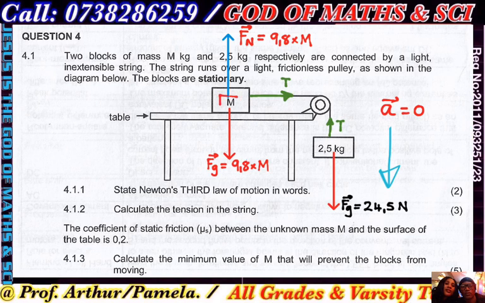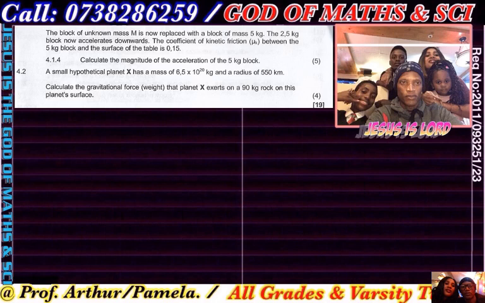Call this one 5 kilograms. And then they say the 2,5 kilogram block now accelerates downwards. The coefficient of kinetic friction between the 5 kilogram block and the surface of the table is now 0,15. It's like repeating this question all over again.